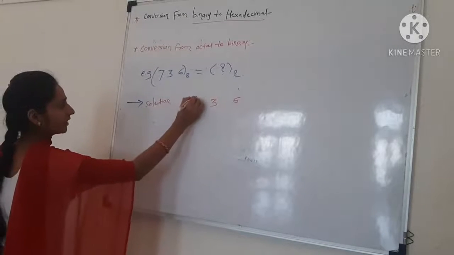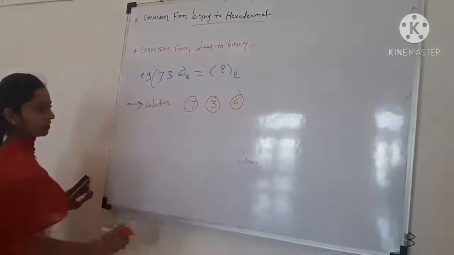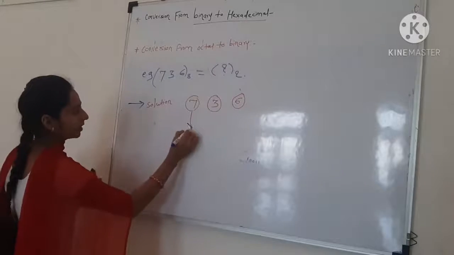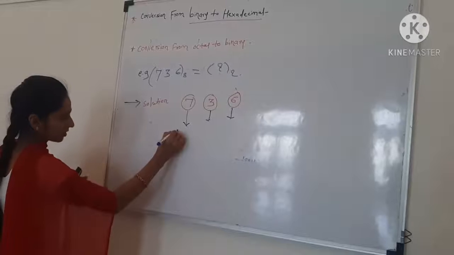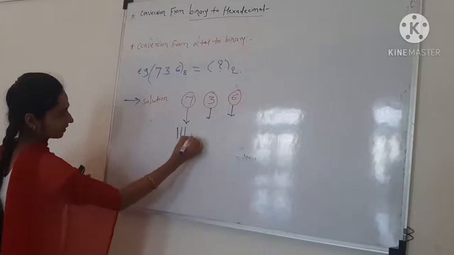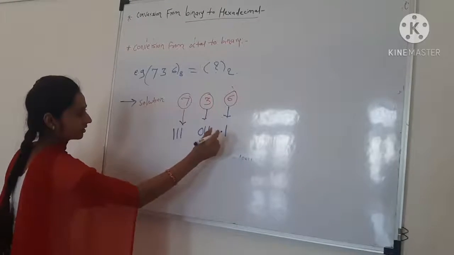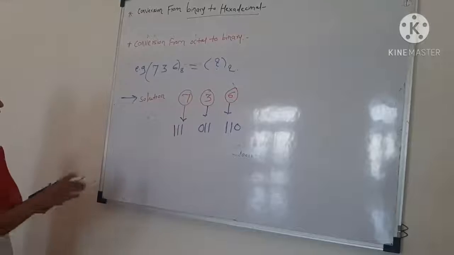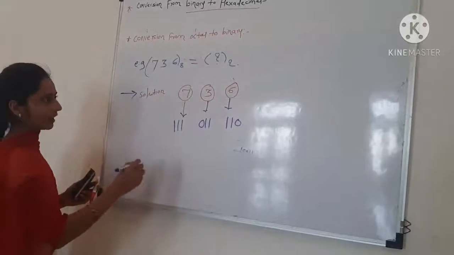Here 7 is one digit, 3 is one digit and 6 is one digit. We have to write its equivalent binary number. The equivalent binary of 7 is 1 1 1, of 3 is 0 1 1, and of 6 is 1 1 0. We already saw in the previous lecture how these values are calculated.